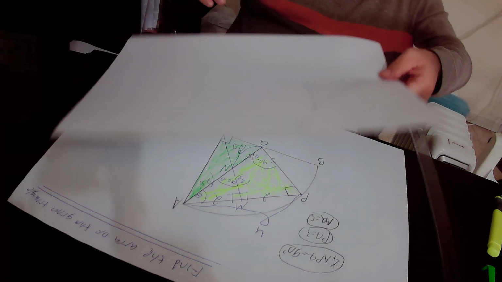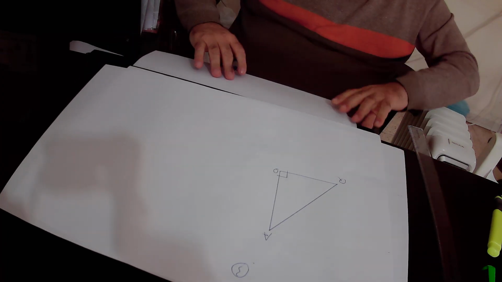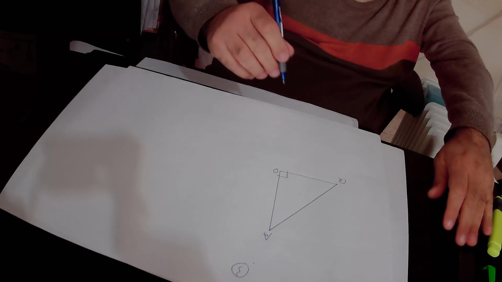Actually, this is the right green triangle AQO that I copied from the original drawing. Now we block this right triangle by a circle.